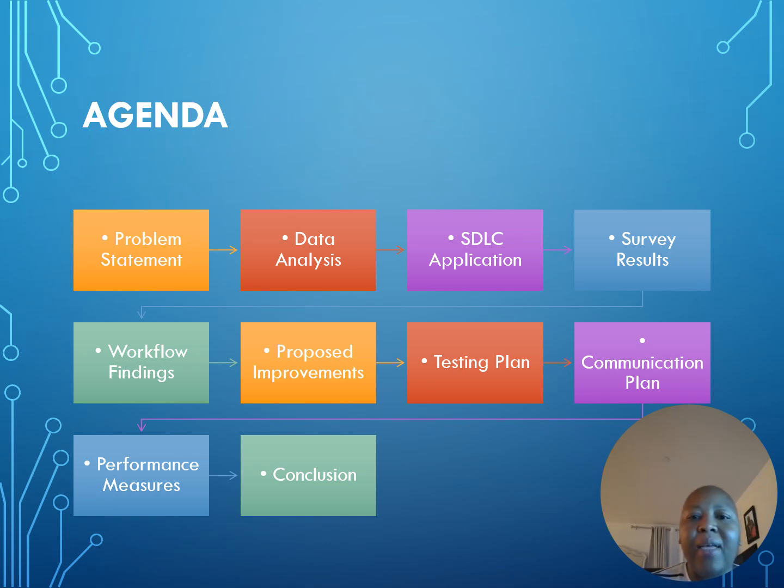It also highlights the improvements I plan to make, how I would test them, communicate with stakeholders, and the performance measures to use to track progress overall. It sets the stage for how this enhancement will strengthen patients' engagement and improve care coordination.